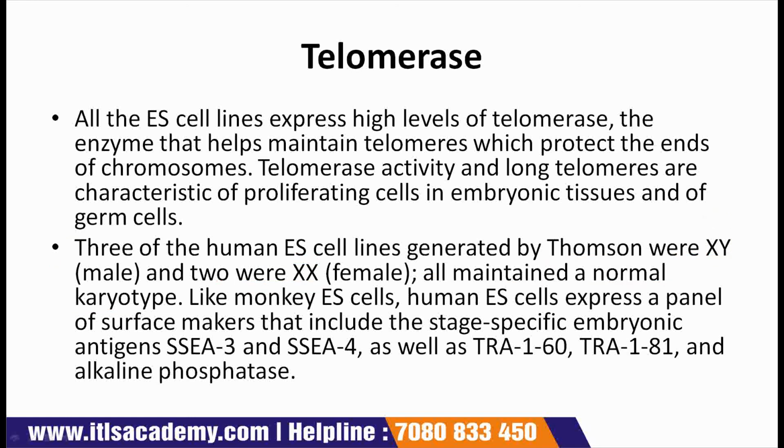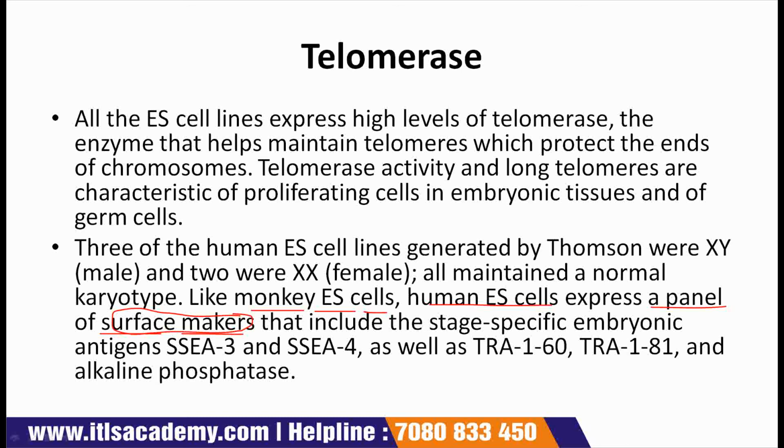Like monkey embryonic stem cells, human embryonic stem cells express a panel of surface markers. I hope you all know what a surface marker is. A surface marker is a kind of marker that is used for the identification or recognition of a particular kind of cell.